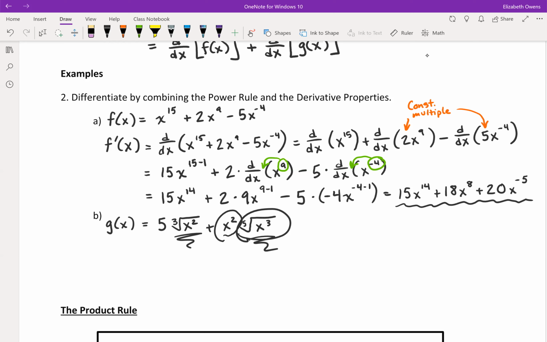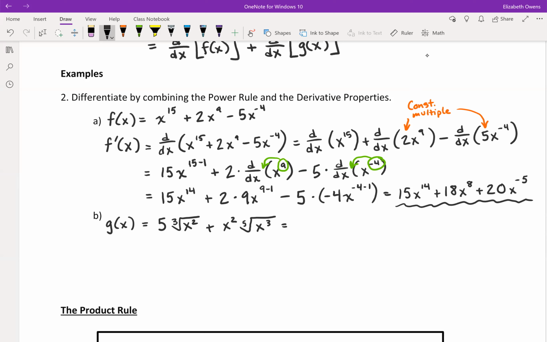We can't use our rules directly on this function in this format, but we're going to do a little bit of rewriting, and it's going to be so much nicer, and we'll see how we really can apply our power rule and our properties.